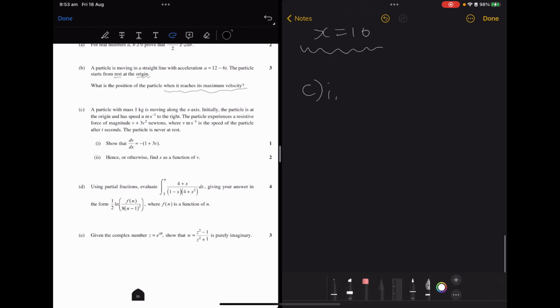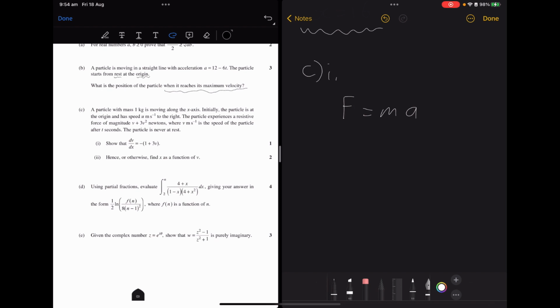So, for part 1, you should hopefully remember Newton's equation: force equals mass times acceleration. In this case, we thankfully have a mass of 1, which makes our life easy.